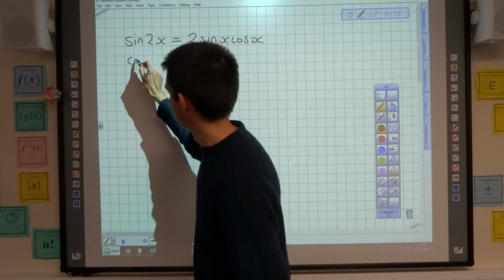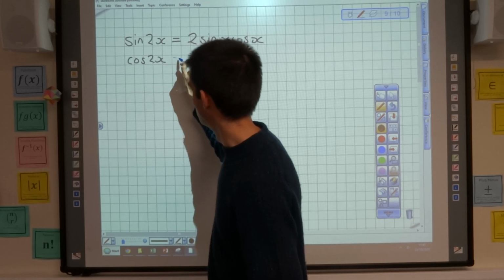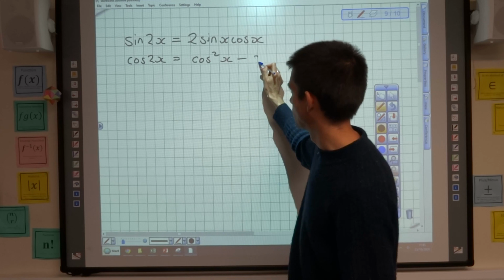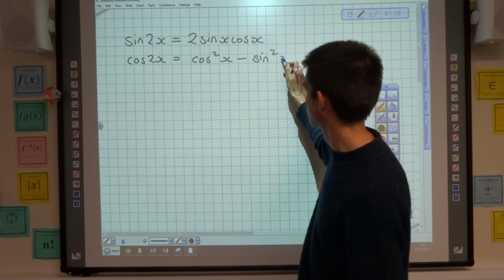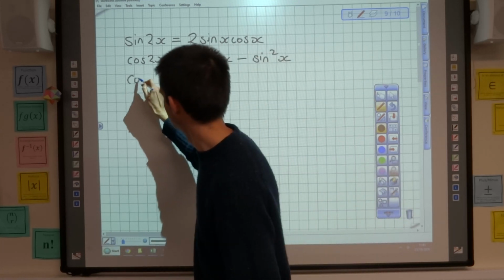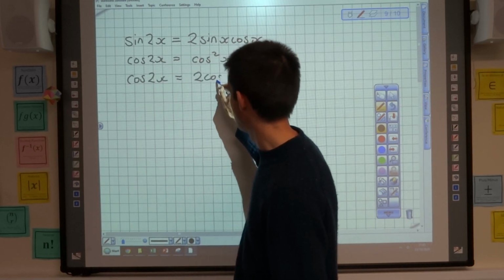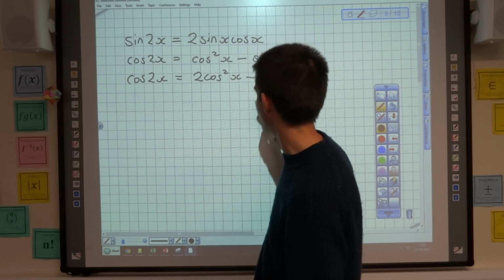There are 3 for cos 2x, you need to know them all. There's cos squared x minus sine squared x. There's 2 cos squared x minus 1.